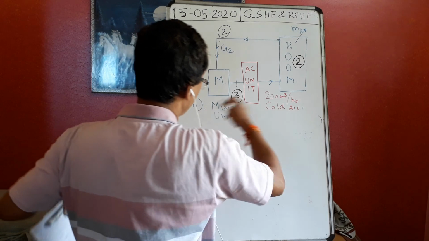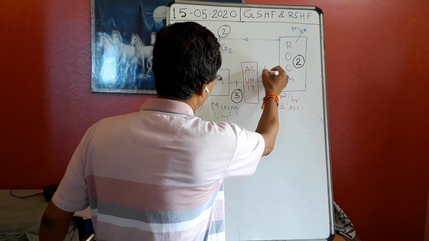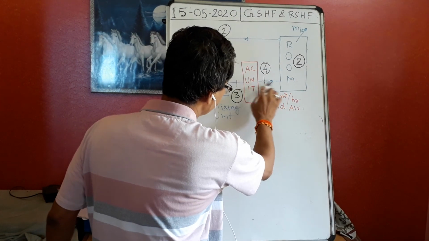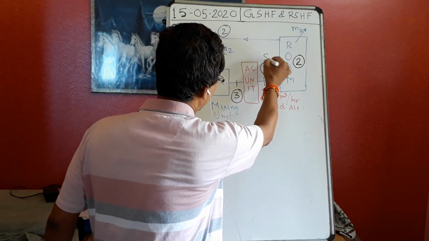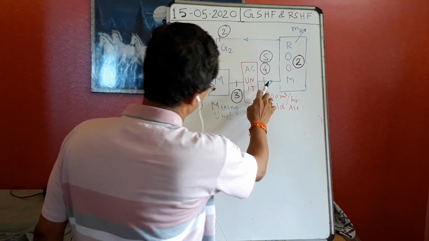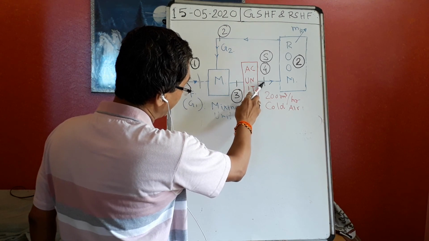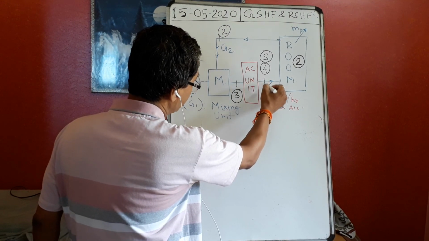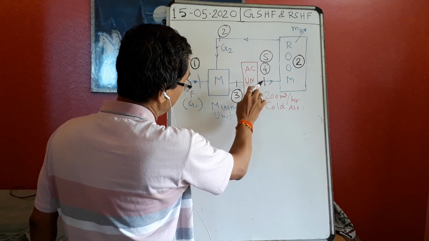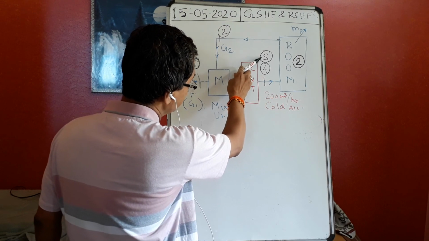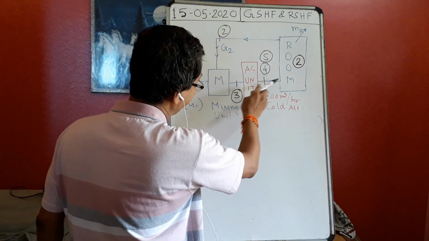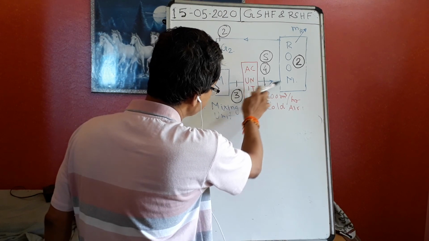This condition is 4 condition. As it is going to the room, this is also called supply condition. So this is the 4 condition, the condition of the air. What is the state? 4 state. And this we are also calling S, because this is the supply air. What supply air? Cold air supplied to the room.